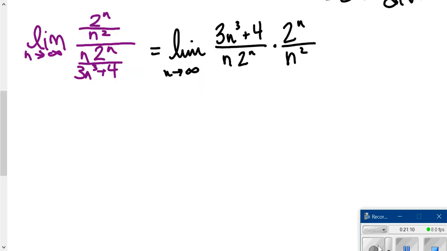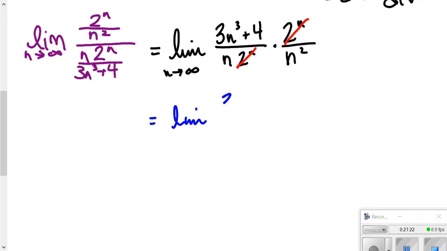Okay, so just rewriting the division as multiplication, we come to this point, and then I have a 2 to the n, that will cancel, and then I can rewrite this as 3n cubed plus 4 over n to the third, and this is looking so much better.